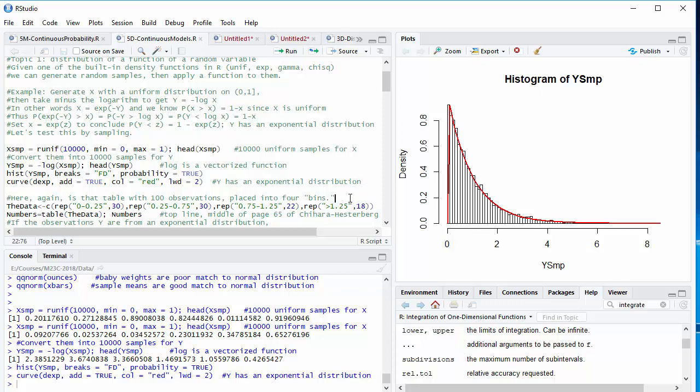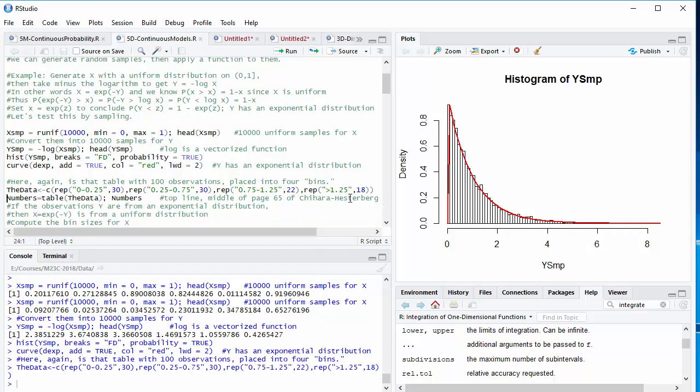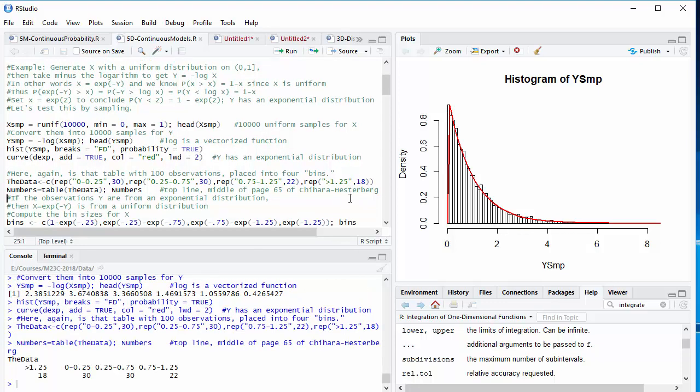Now let me repeat an example from Chihara and Hesterberg that you've seen earlier. Here's some data on numbers that are believed to comply with an exponential distribution and the number of samples that fall in various bins. And the general strategy is, let's take a function of this random variable that would be uniformly distributed.